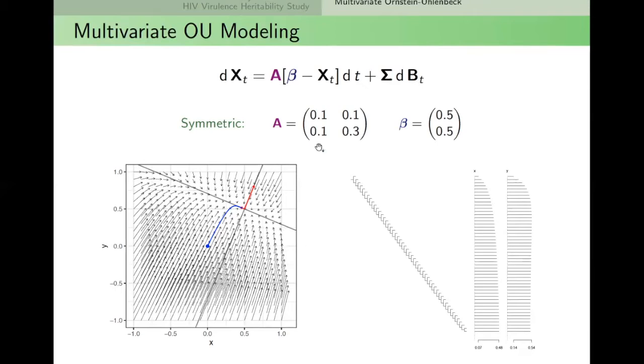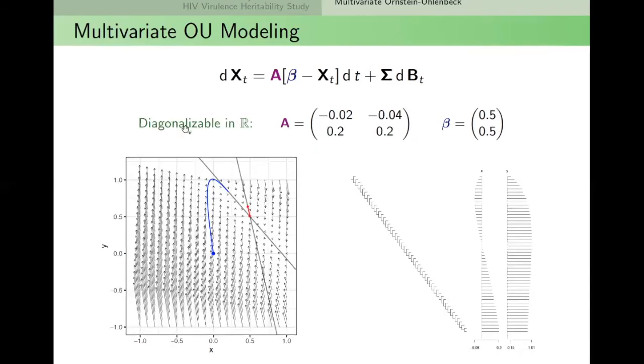And to go one step further, you can imagine that it's diagonalizable in R with strictly positive eigenvalues. Here the axes are no longer orthogonal. So you can have weird things like this, where you go away from your optimum before going back to the optimal value. For instance, if I look at X, it first becomes negative and then goes towards 1/2.